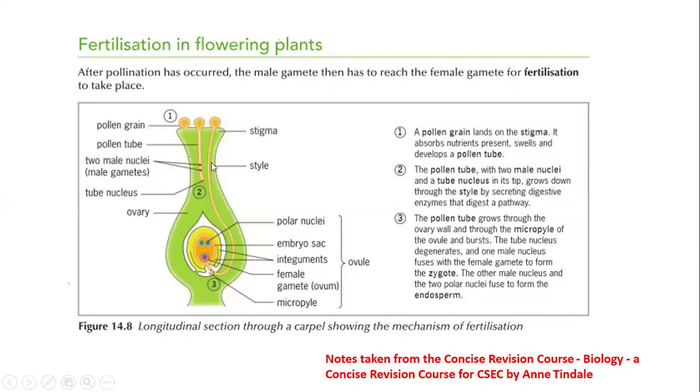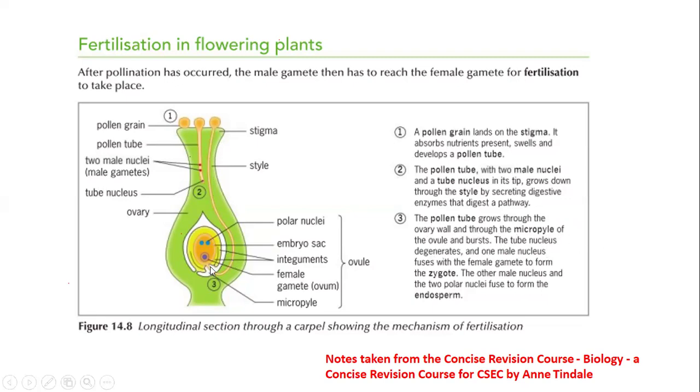Then now we have the stigma, right? And we can see the stigma here at the top. So then the pollen grain would just go right down to the ovary wall through the micropyle. Remember, the micropyle is a small little hole right there for the ovule.